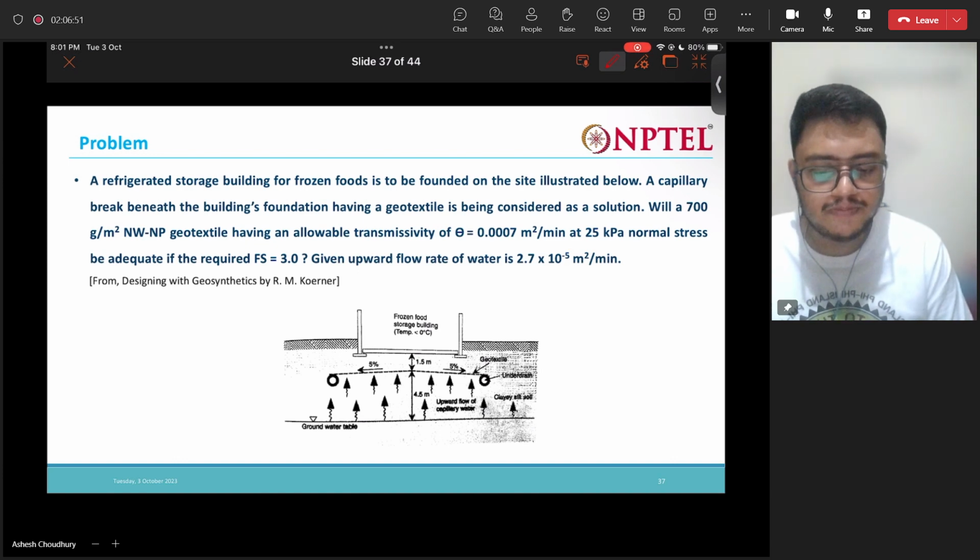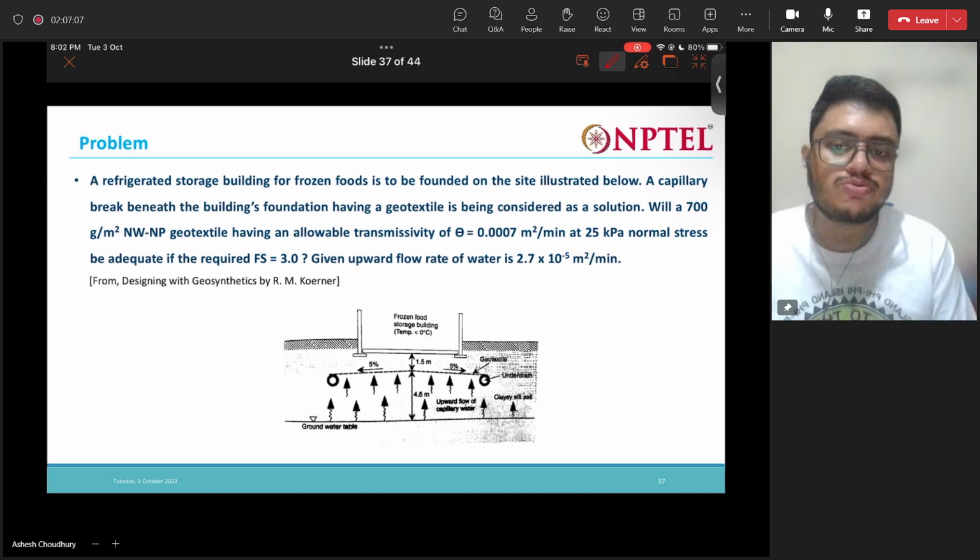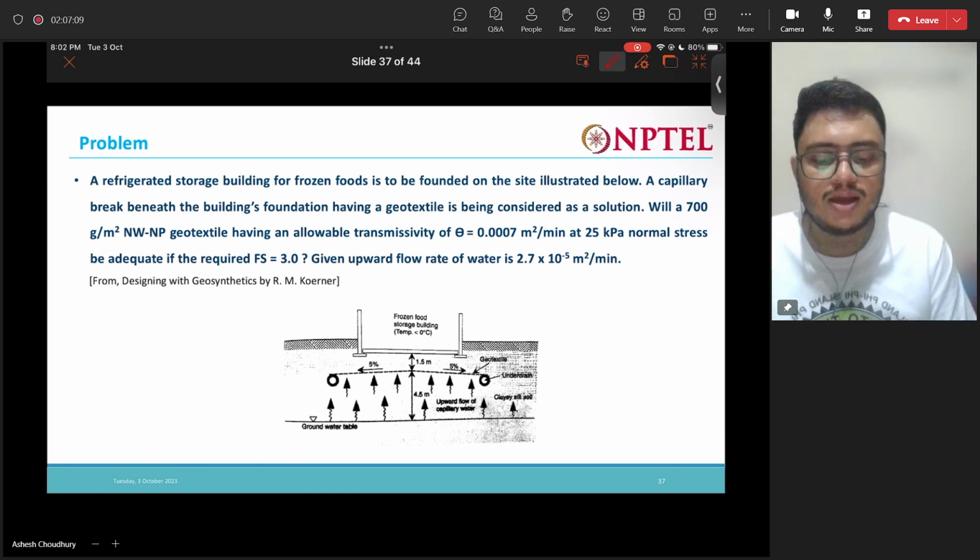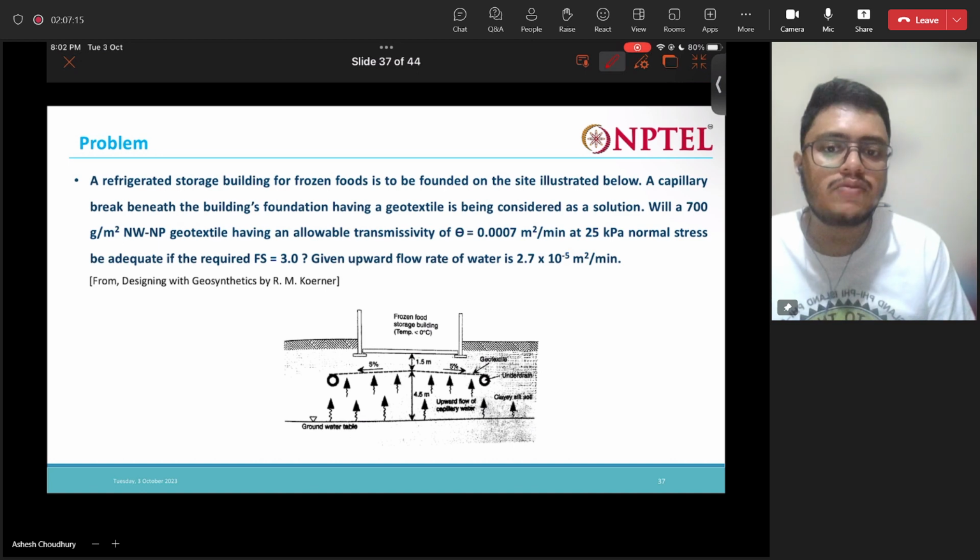So due to temperature difference there will be capillary flow of water. There is a tendency for upward capillary flow of water. If this capillary water reaches the bottom of this frozen storage building, the temperature there is very low, so there are chances that the water will freeze.